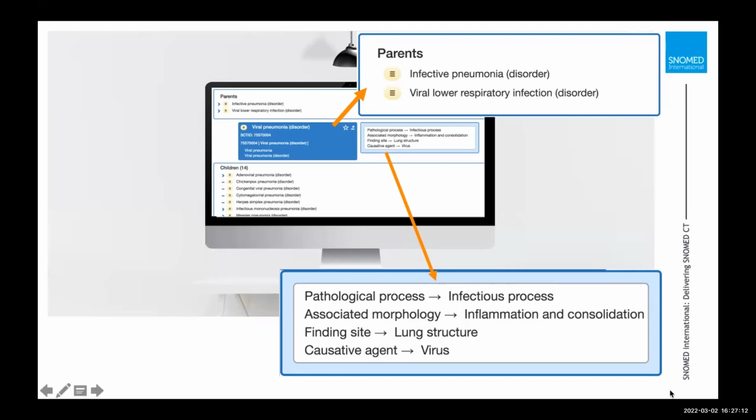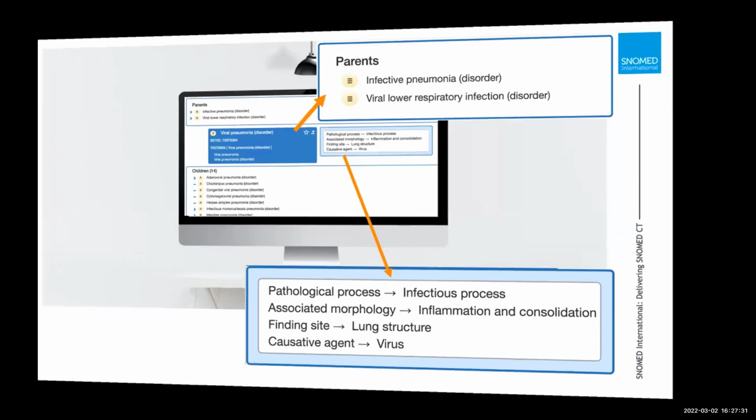It has an associated morphology of inflammation and consolidation. It has a finding site of lung structure, and it has a causative agent of virus. These defining characteristics are explicitly stated in SNOMED CT, which enables detailed inferences to be performed.